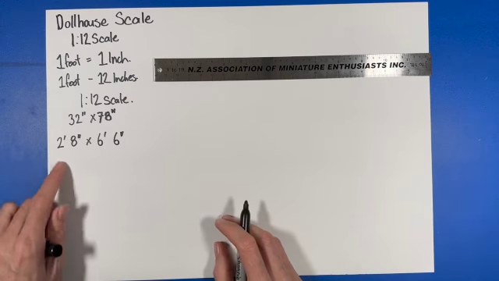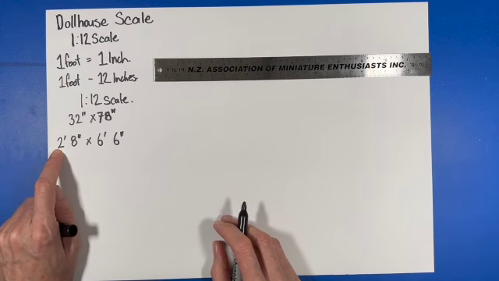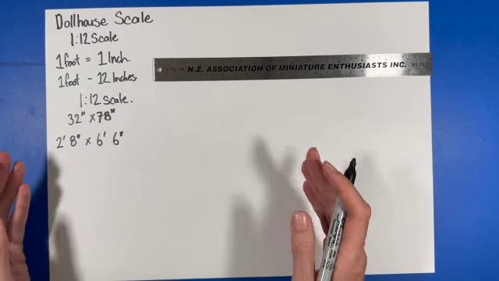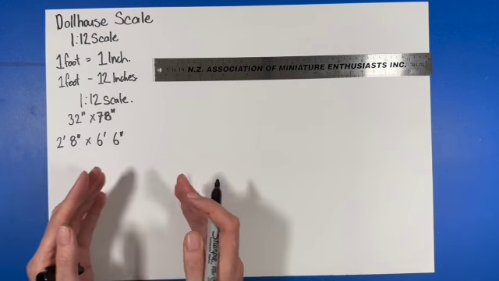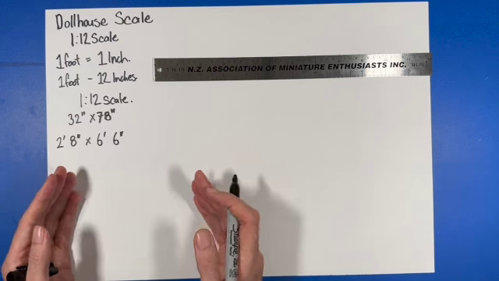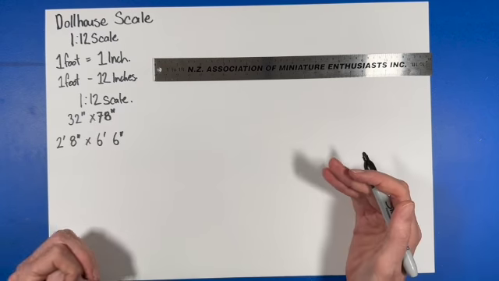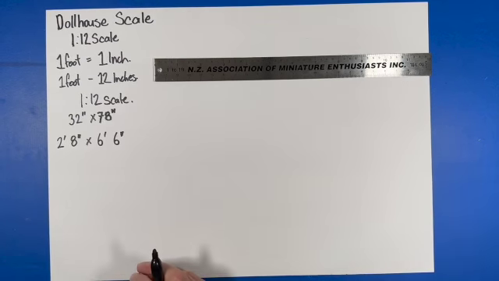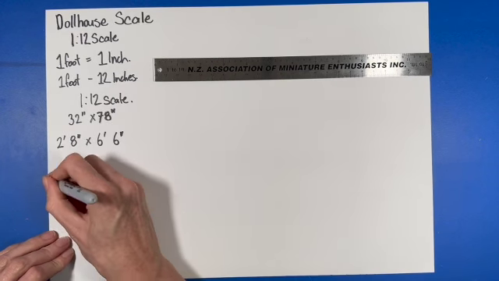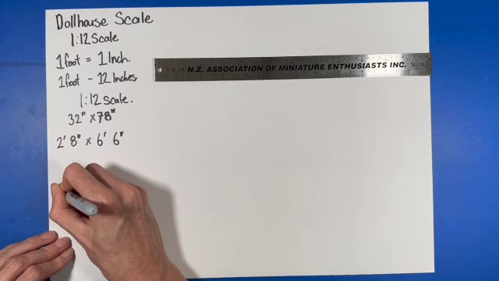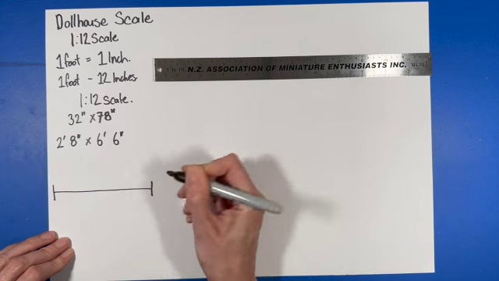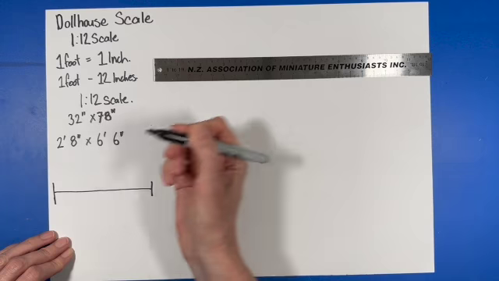In order to get the difference, because 1 foot is divided by 12, but 1 inch is divided by 16 or 32 or 64, depending on which one you want to go with, we're just going to use 16 for this example, and all I would do is draw it out. I just draw any measurement, it doesn't have to be to exact scale.